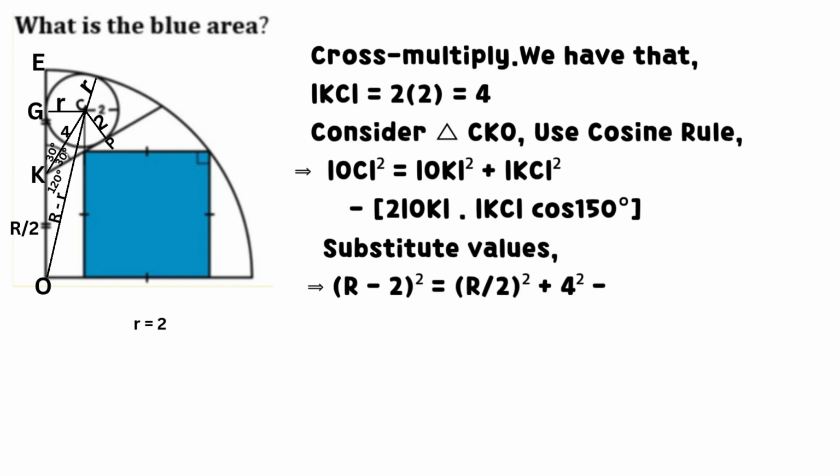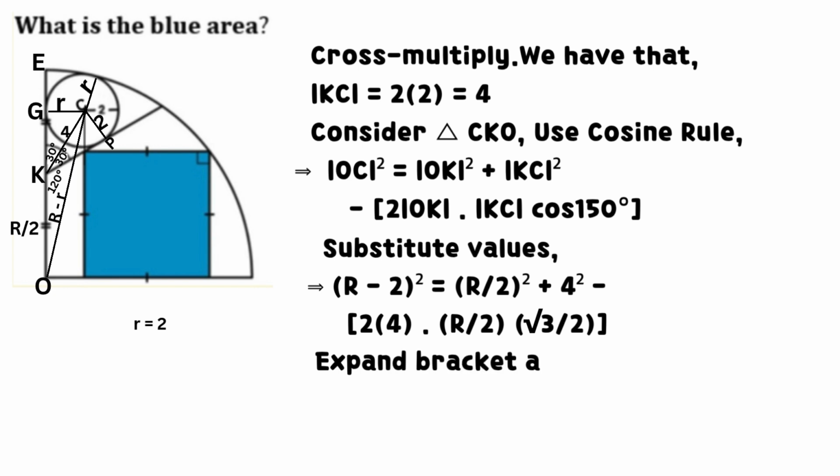Substitute values. This implies that the square of R minus 2 equals the sum of the square of half of R and the square of 4 minus, in bracket, 2 times 4 multiplied by half of R times half of the square root of 3.